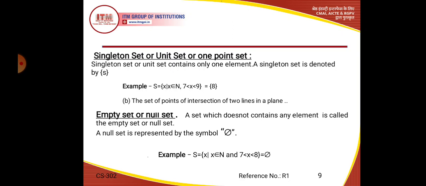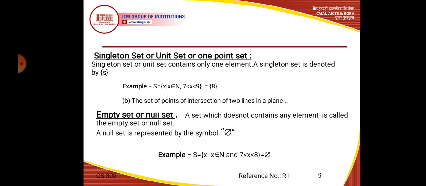Now we can take another example. The set of points of intersection of two lines in a plane. We know that when two lines intersect, there is one intersecting point between the lines. So this is also an example of a singleton set, or we can say a one point set.